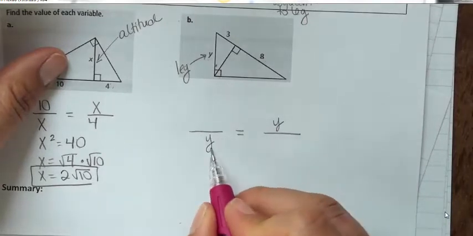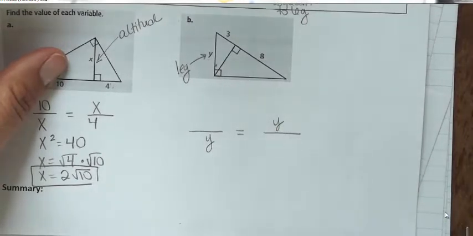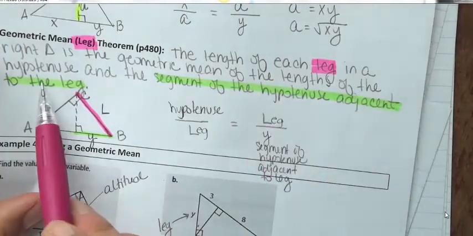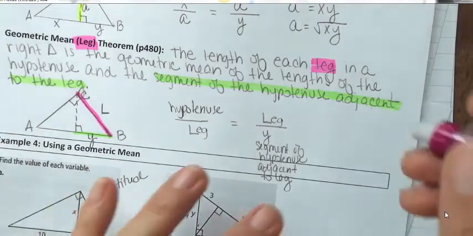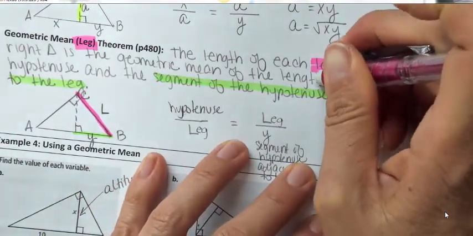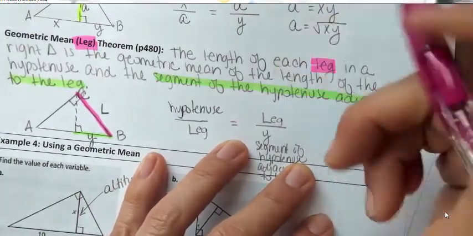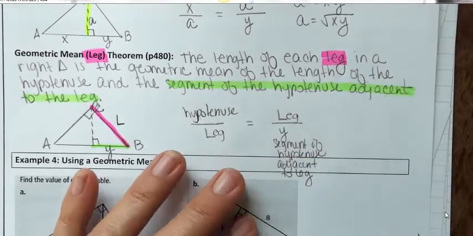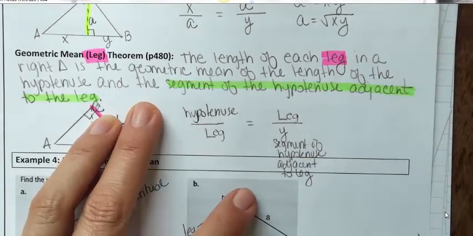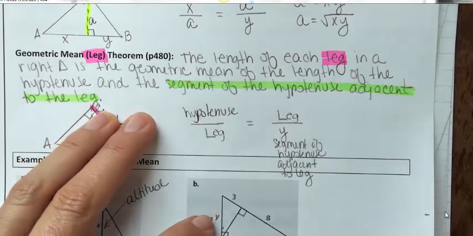It goes in the bottom of the first ratio, top of the second ratio. Of the length of the hypotenuse and the segment of the hypotenuse adjacent to the leg.